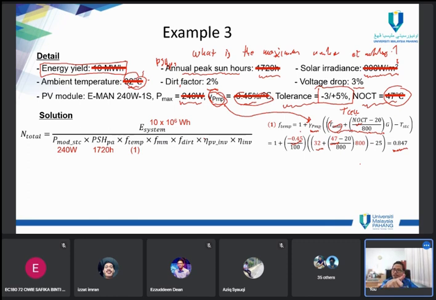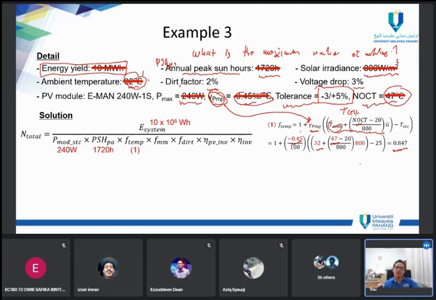So awak cakap tadi apa? Awak pilih mana? Negatif 3. Why? Negatif 3. Tanya terus. Tak cakap je. Why not plus 5? Fikir logik. Apa itu dalam persen? Ulang balik. Tak ambil 5 sebab 5 tu dalam persen.